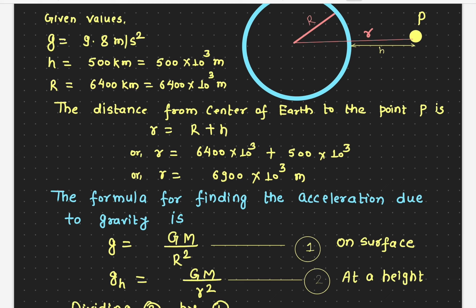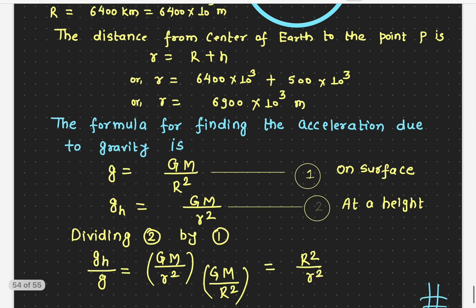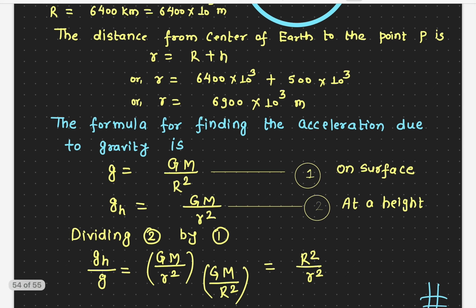So now let's write down the equation for calculating the acceleration due to gravity. The acceleration due to gravity equation is this equation, g equals GM over R squared, and this equation is on the Earth's surface. Now, if the object is at a height, how do we calculate then?